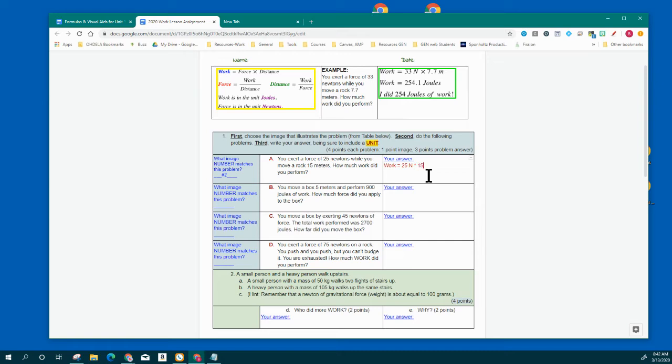15 meters. To use the force and distance just as they're given, the force must be in newtons and the distance must be in meters. Those are the two conditions for force and distance. Force must be in newtons and distance must be in meters.